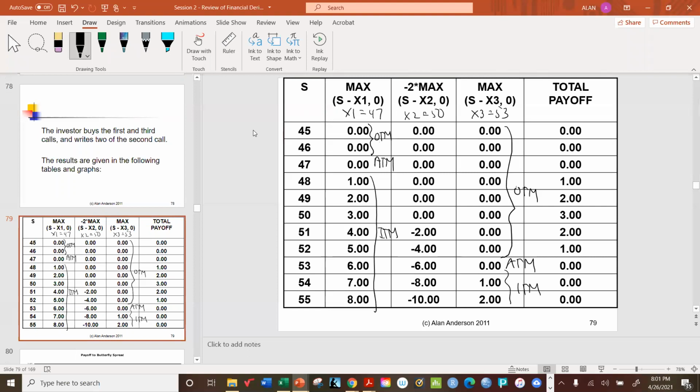Now this one, because the strike is 50, out of the money, at the money. Now here, when we're in the money, we're losing. And not only that, but you'll notice here, when the stock price goes up by $1, we lose $2 instead of just 1. And that's because, of course, we sold 2 of them.